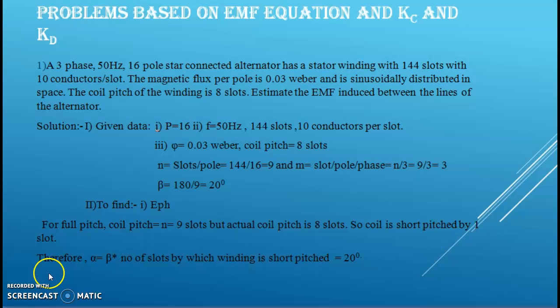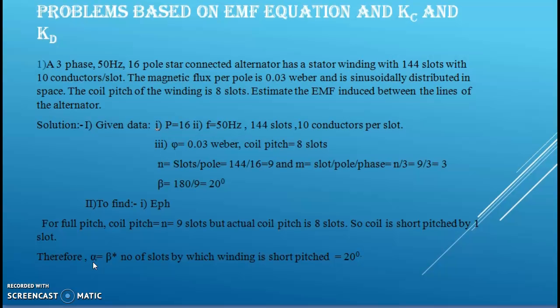So from here I can find out alpha. Alpha is the angle of short pitching. So alpha is equal to beta into the number of slots by which the winding is short pitched. Beta is 20, I have calculated, and our winding is short pitched by 1 slot. So 20 into 1 is equal to 20 degree. So I have got my value of alpha, that is 20, same as beta.